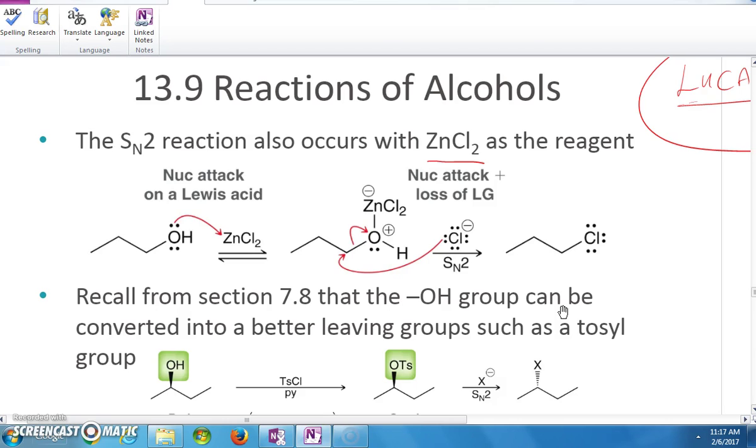The purpose of the zinc here is that it is acting as the Lewis acid, so it's able to accept the electron density, and that activates the OH as a good leaving group, and so that now permits the attack of the moderate chloride nucleophile to yield the primary alkyl halide.